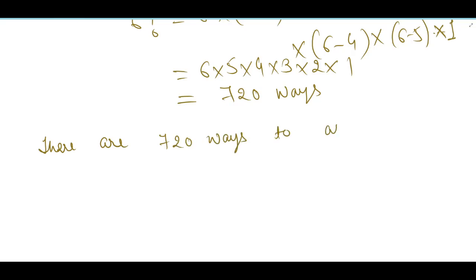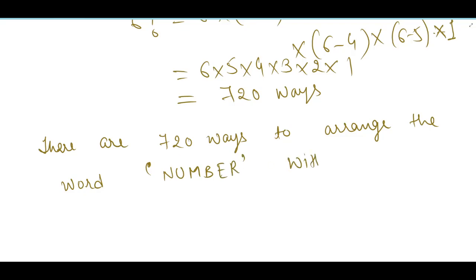So there are 720 ways to arrange the word number with or without meaning.